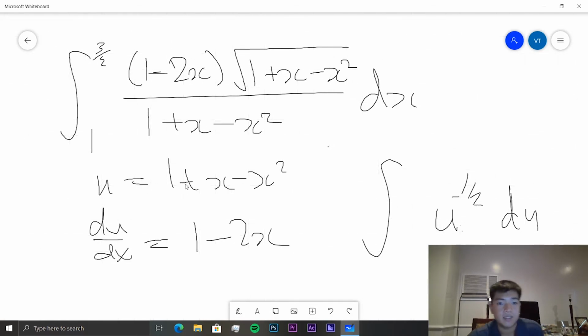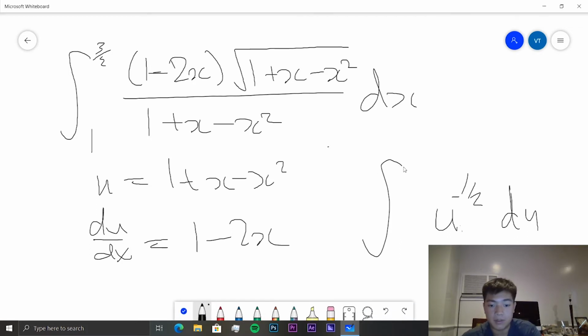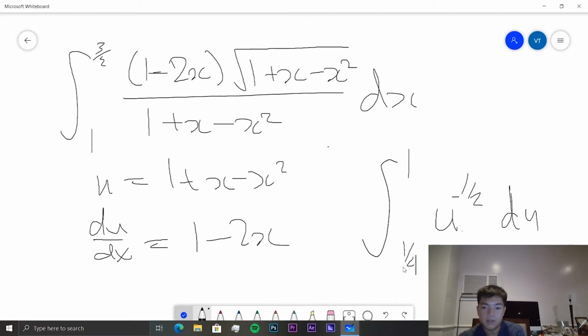So 3 halves: 1 plus 3 halves minus 9 over 4 is equal to 1/4. And then 1 plus 1 minus 1 is equal to 1. So we have the integral between 1 and 1/4 of u to the negative 1/2.